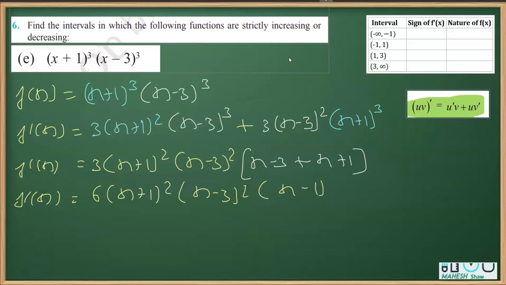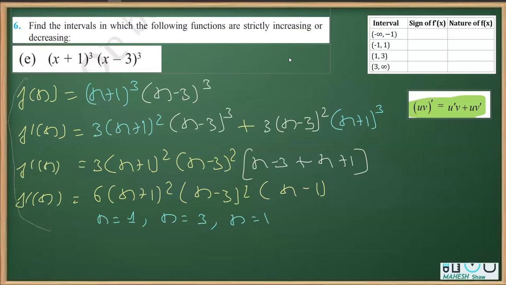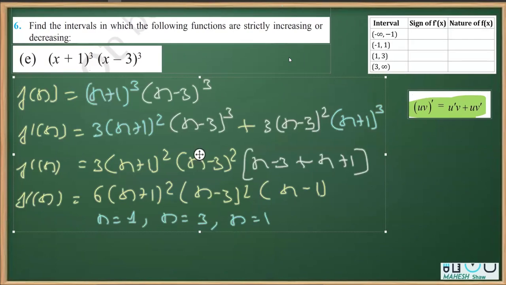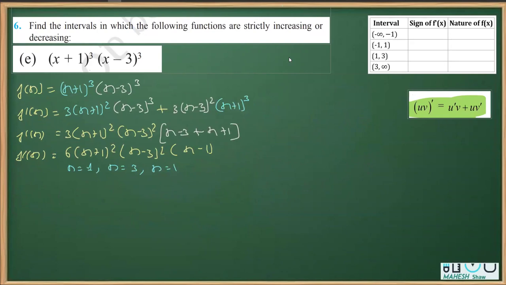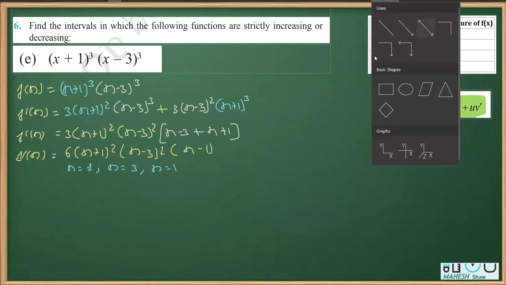Now equating with zero, equating this with 0, we'll get x is equal to minus 1. Equating this with 0, we are getting x is equal to 3, and equating this with 0, we are getting x is equal to 1. So we'll say that these values divide the real line into 3 disjoint intervals.